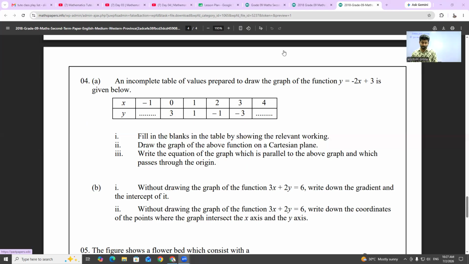Instead of x, we need to substitute minus 1. Instead of x, put minus 1. Quickly do this one.